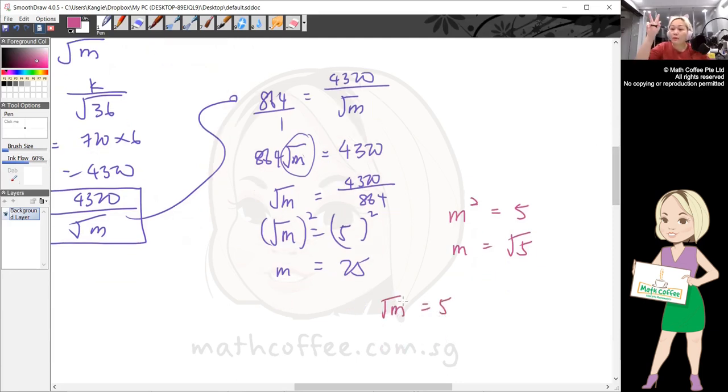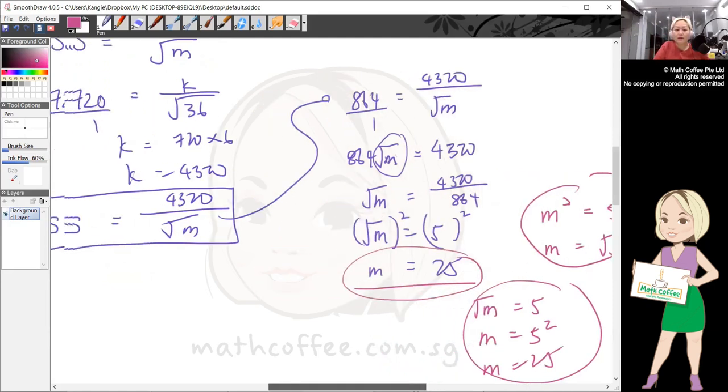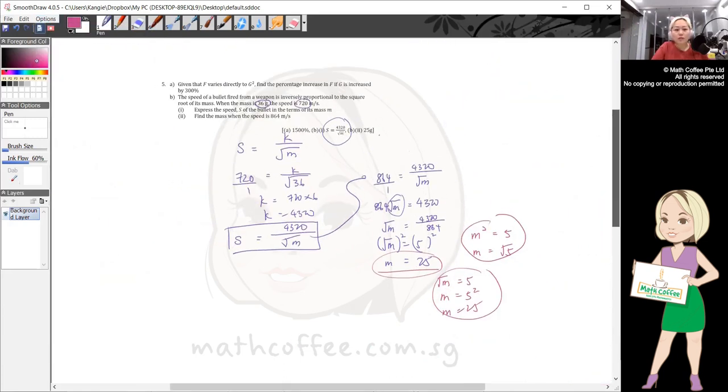In order to get rid of the square root, you square it. So M is equal to 5 squared. So M is equal to 25. So we need to know the difference between these two. This is a common mistake that students always get confused. So after I substitute, I know my mass equals 25. So I am done with this question.